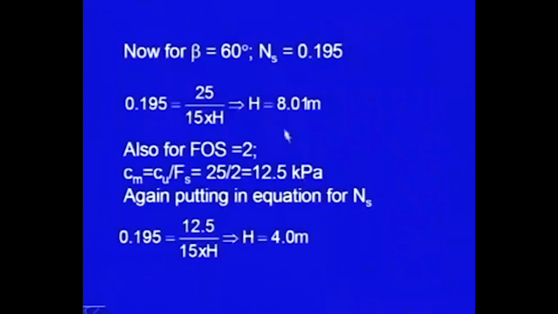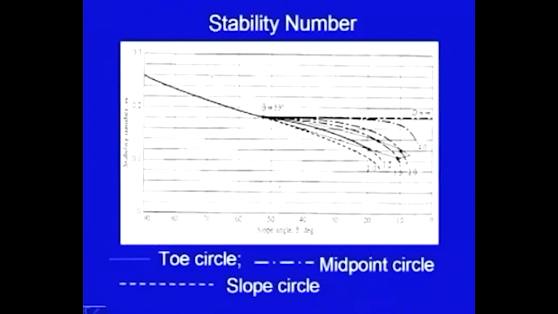Now, from this chart you can see the value of the stability number corresponding to the given beta values. Beta is given as 60 degree. So, for 60 degree you can see from here, this is 50, 60, and as I go up this is the point of intersection, and from here this is little less than 0.2.